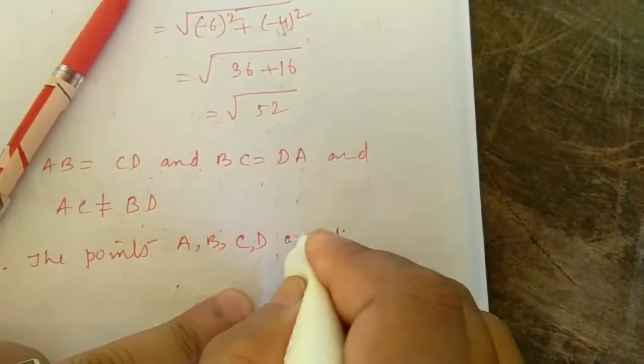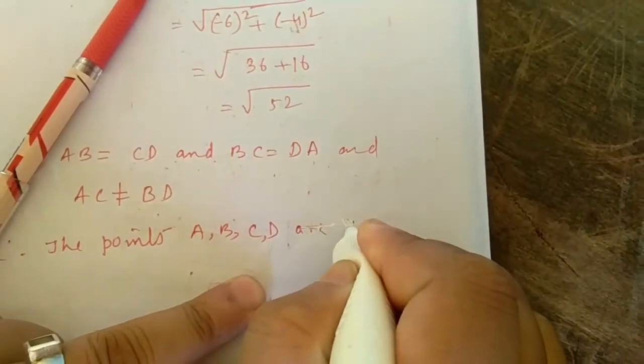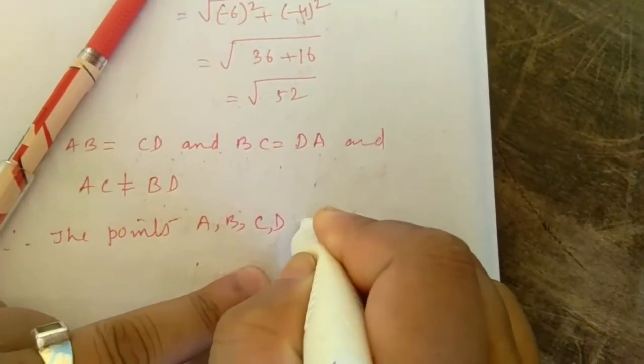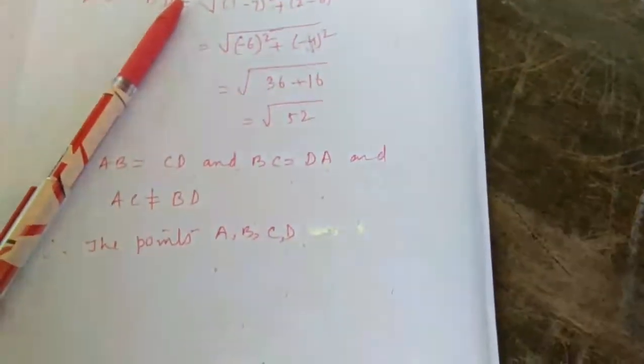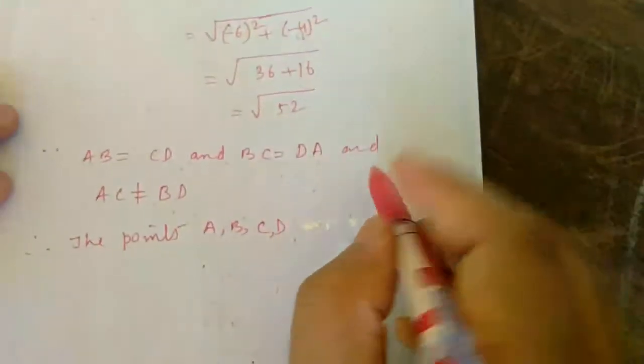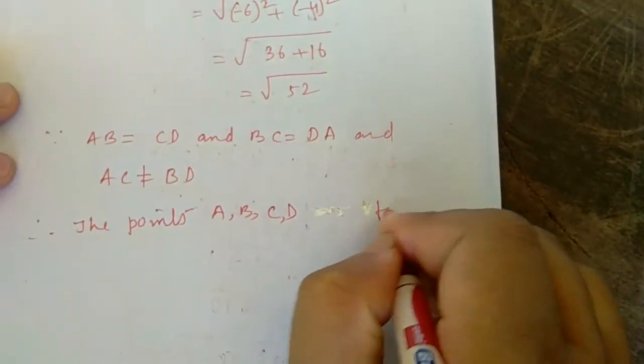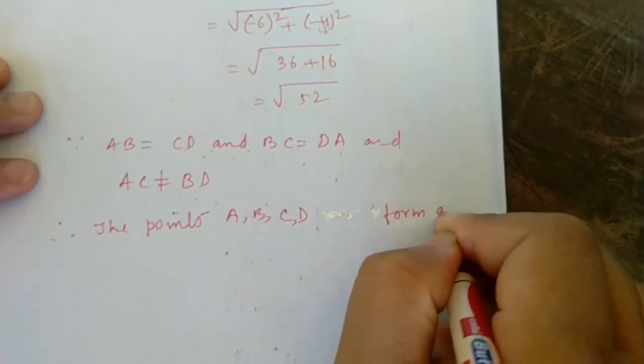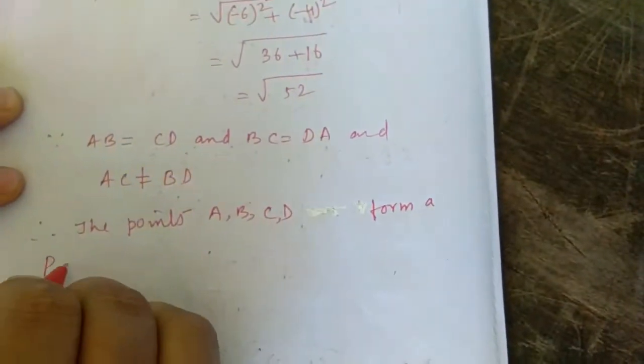Therefore, the points A, B, C, D form a parallelogram. It is a parallelogram.